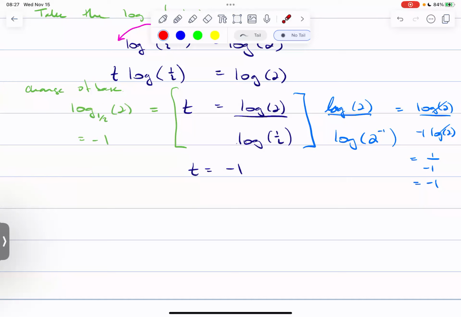Why? Exponent rules again, right? If we rewrite this as an exponent, 1/2 to the power of something equals 2.